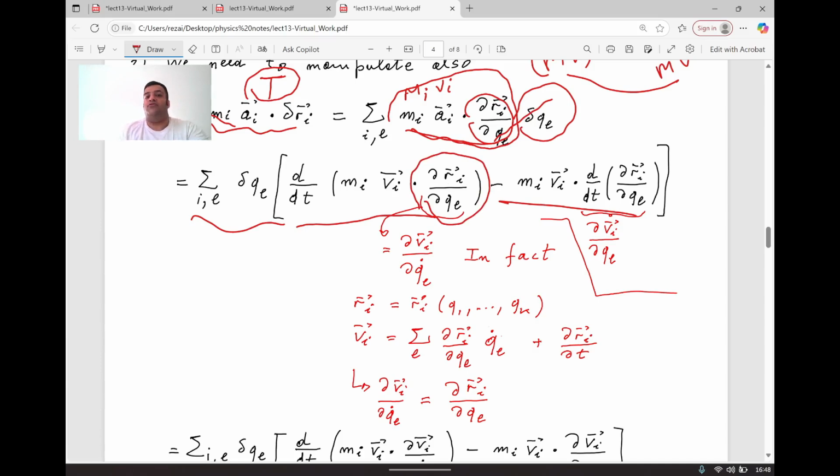If you divide dr by dt it is v, but for q, if you divide it by dt, I write it as q dot. Okay, therefore in place of this I can write dv divided by dq dot, but if you take the derivative from the partial derivative of r divided by q, it is not hard, because the derivative of r is v.